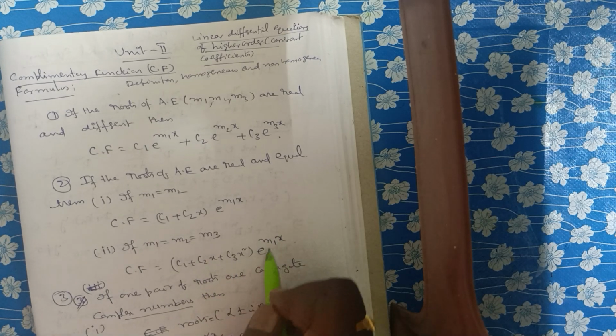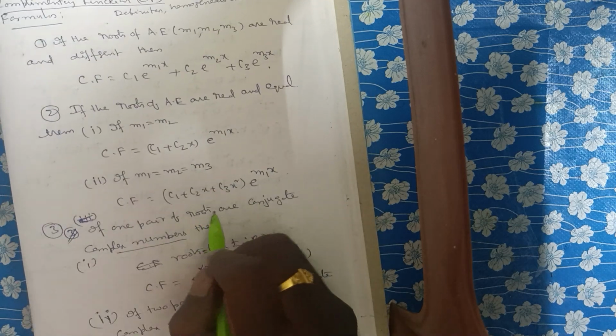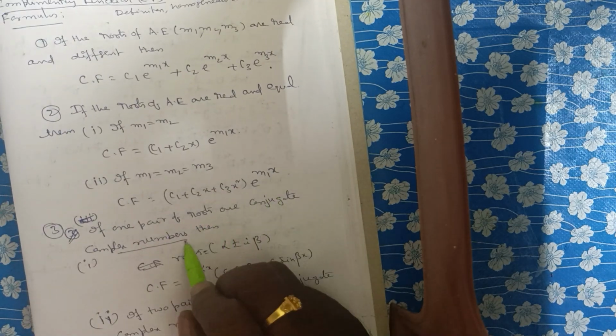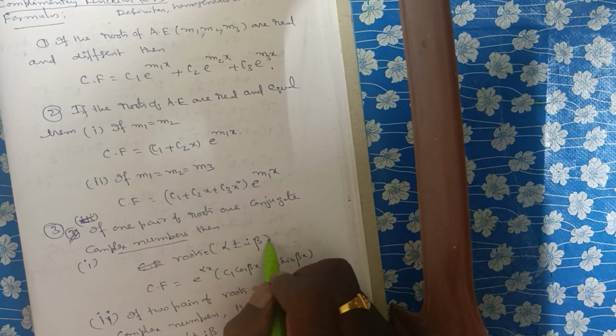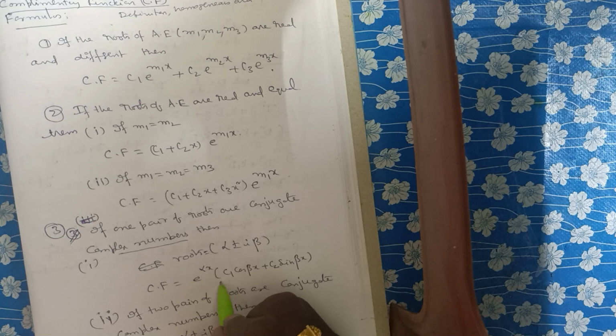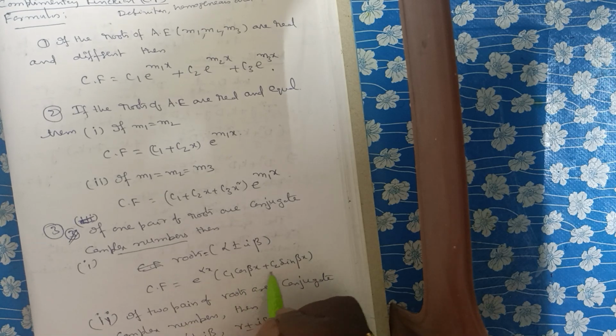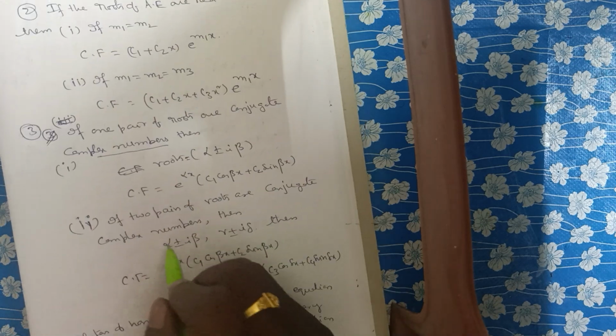If one pair of roots is conjugate complex, m = alpha plus or minus i beta, then the complementary function is e^(alpha x)(c1 cos beta x + c2 sin beta x).